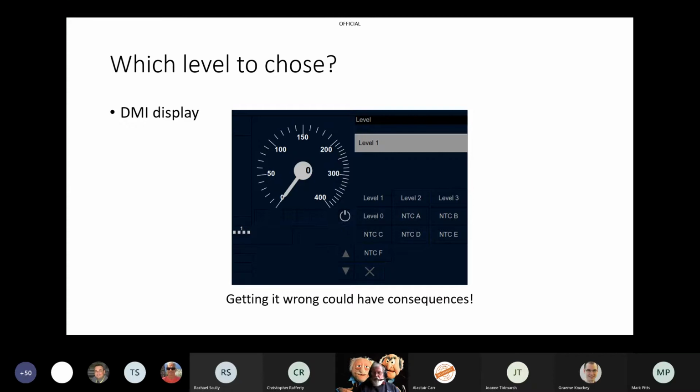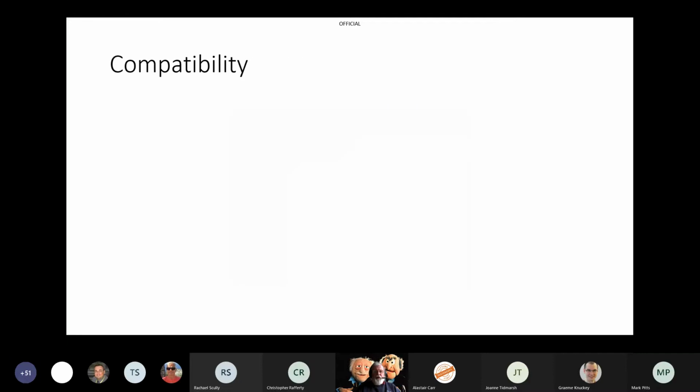And getting it wrong could have consequences because there may not be any protection for the train movements going ahead. And the reason it is going to go wrong is because we won't have compatibility between the trackside and the onboard. So the trackside may be transmitting information to tell the train to stop, but because the train is in the wrong level, it will ignore that information.